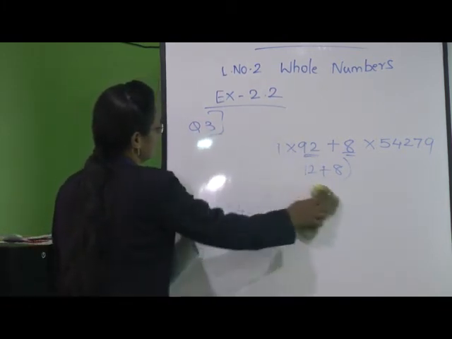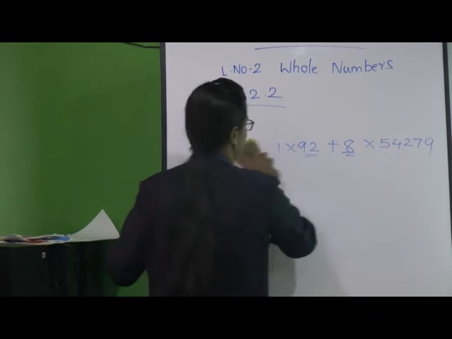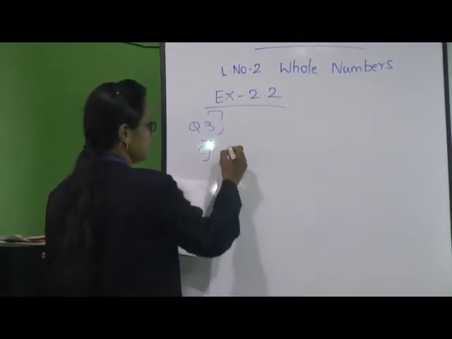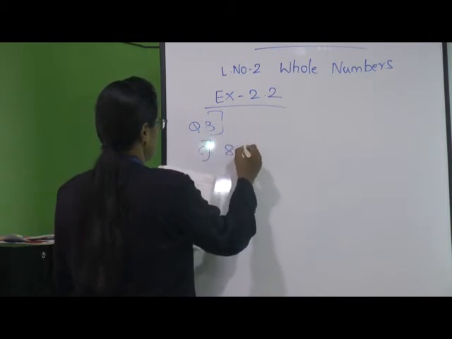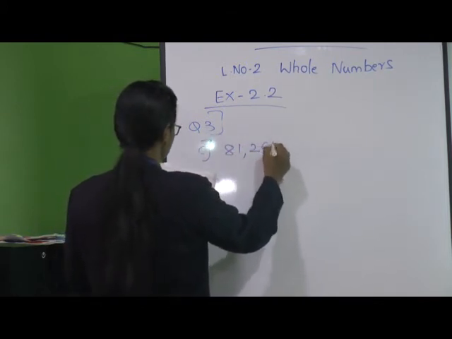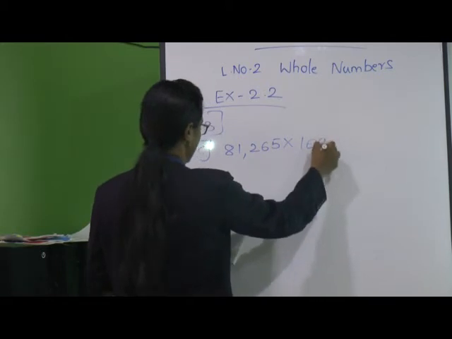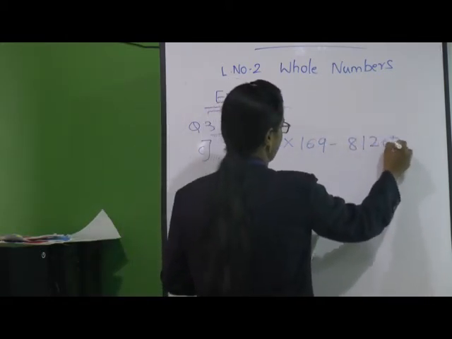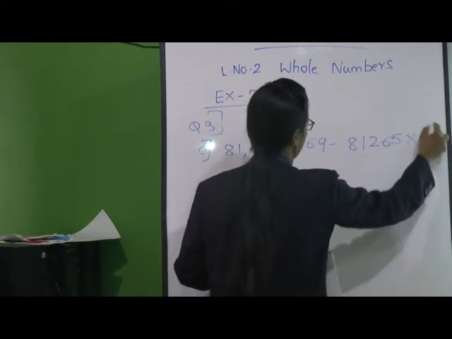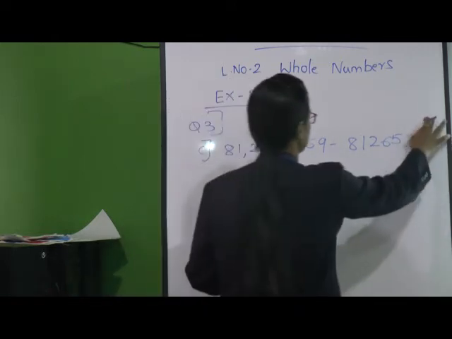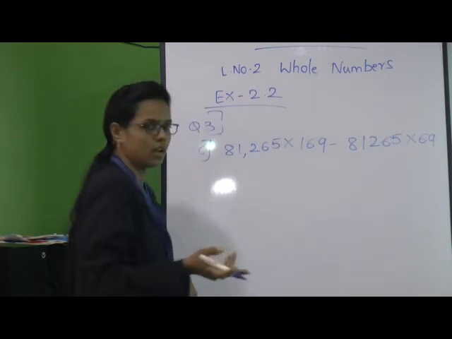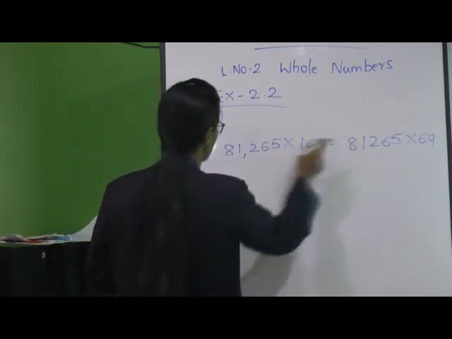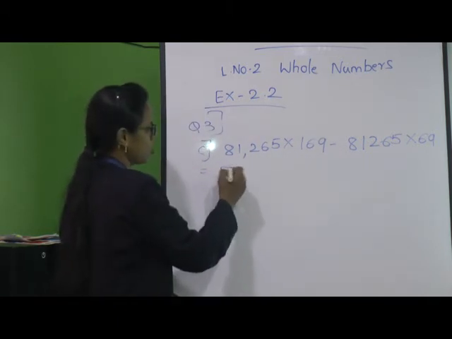Now till now we have done the addition. Let us solve one example of subtracting. C1, see here, 81,265 into 169 minus 81,265 into 69. Okay. So this is the question. Now again we have the same number 81,265 and 81,265. Let us take it as common.